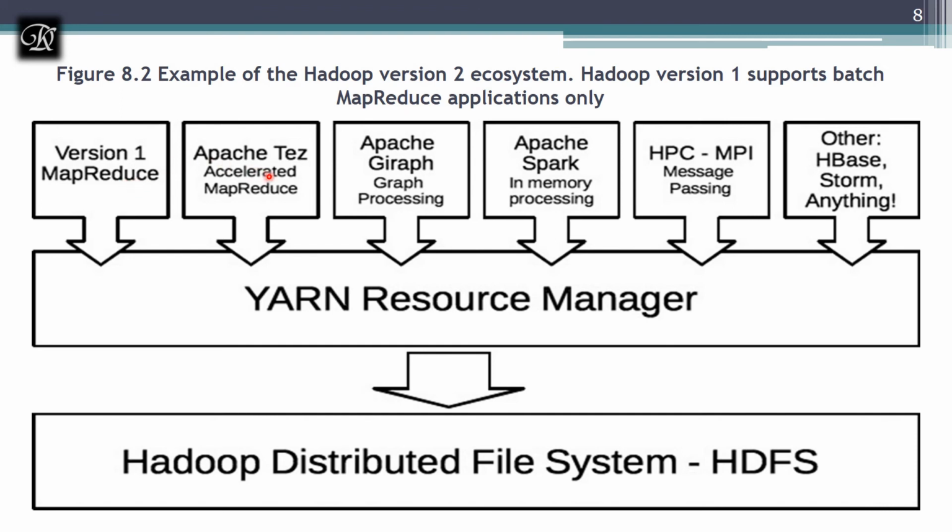Something new we are going to discuss here is Apache Tez. I highlighted this term in the previous video when discussing Pig and Hive. Here we will not discuss it too much, just some points. Apache Tez is the faster version of MapReduce.